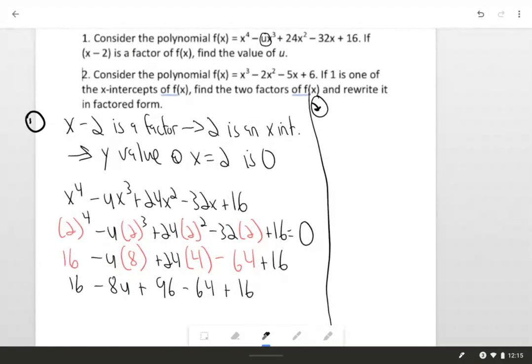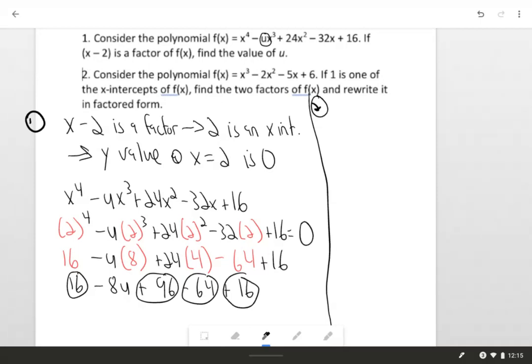All right. Now I can take all of these constant terms and combine all of those. So 16 and 96 and negative 64 and 16.